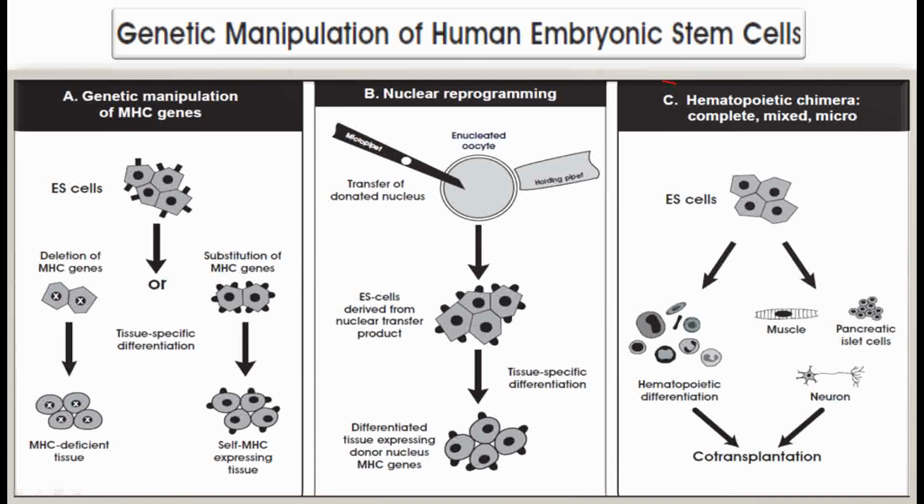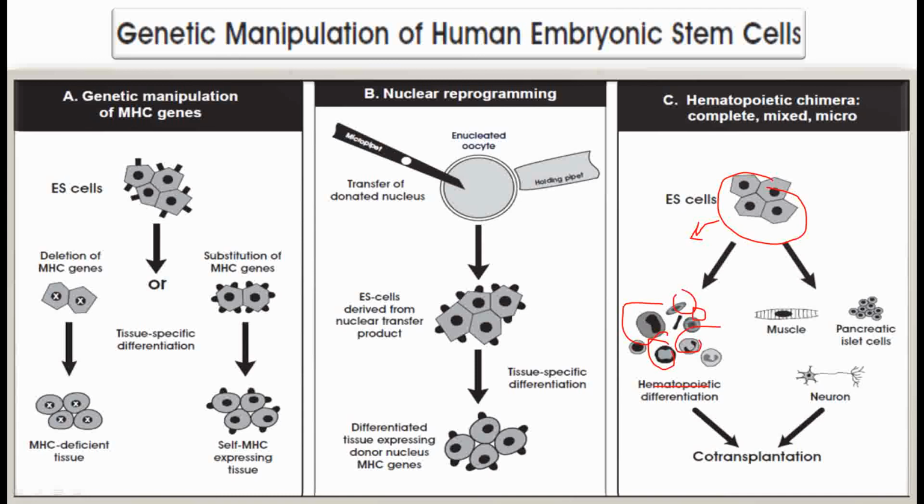Let us see hematopoietic chimera, complete, mixed and micro. These are embryonic stem cells. After differentiation, these will form hematopoietic differentiated cells. Let us start with the starting. These are embryonic stem cells. After this differentiation, these cells will form further kinds of cells.